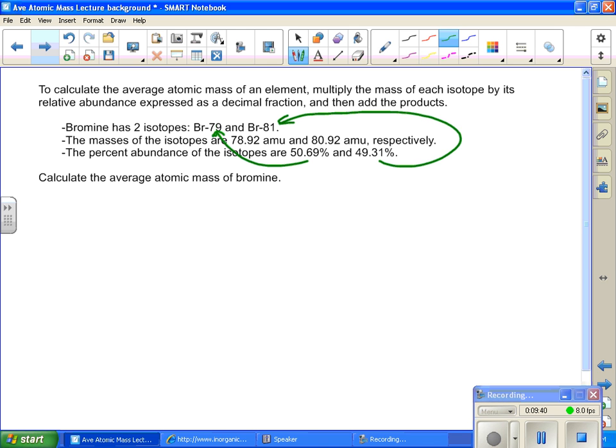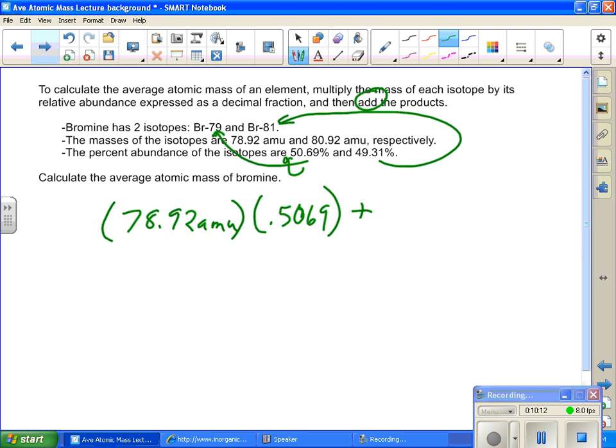So we would need 78.92 AMU times its percent abundance, or its abundance listed as a decimal fraction. So we would change this percent, move the decimal place over 2 places, and make that 0.5069.